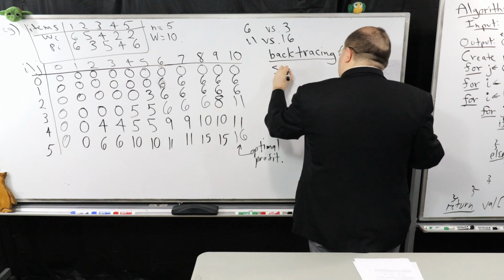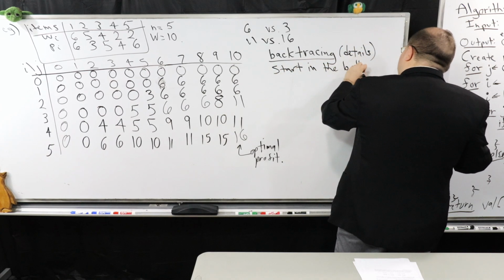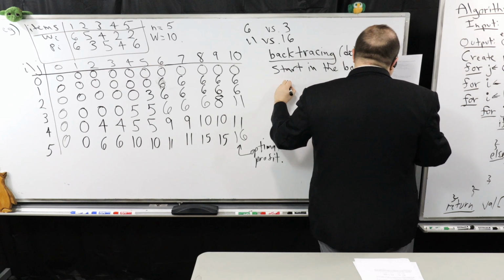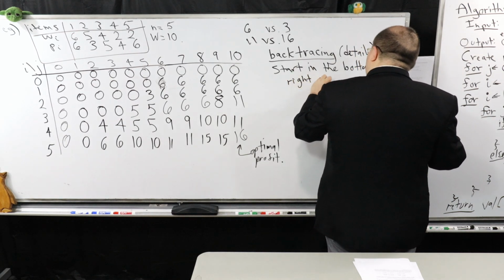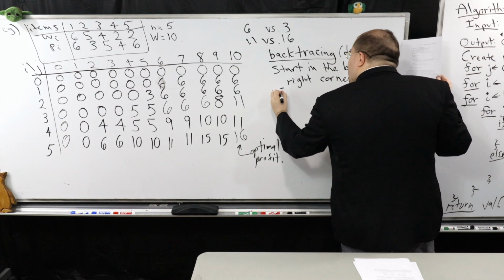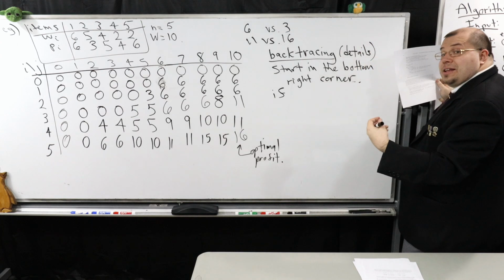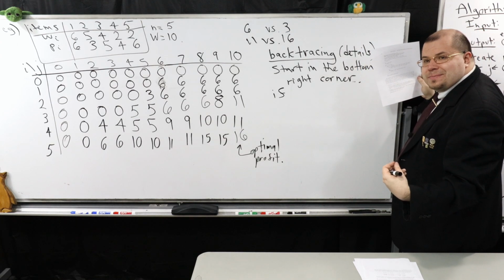So you're just going to start in the bottom right corner. We know that we take an item when these numbers don't match, for example. Why? Because I didn't copy that value over, right?